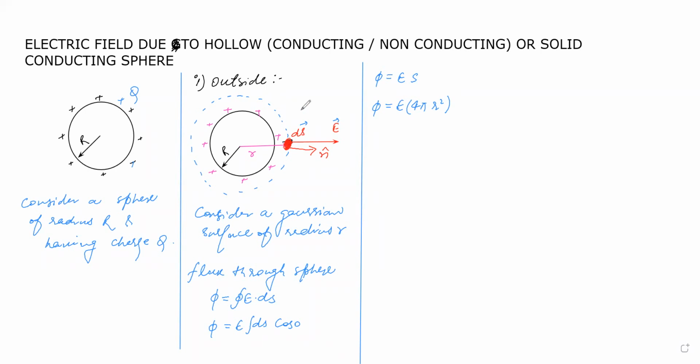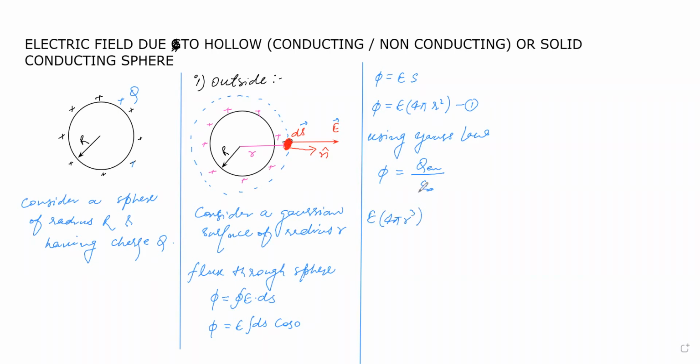And now for calculation of electric field, we should use the relation of the flux and the field. So we can write here using Gauss law, we know phi is equal to Q enclosed over epsilon naught. What is your phi? Phi is E into 4 pi r square.